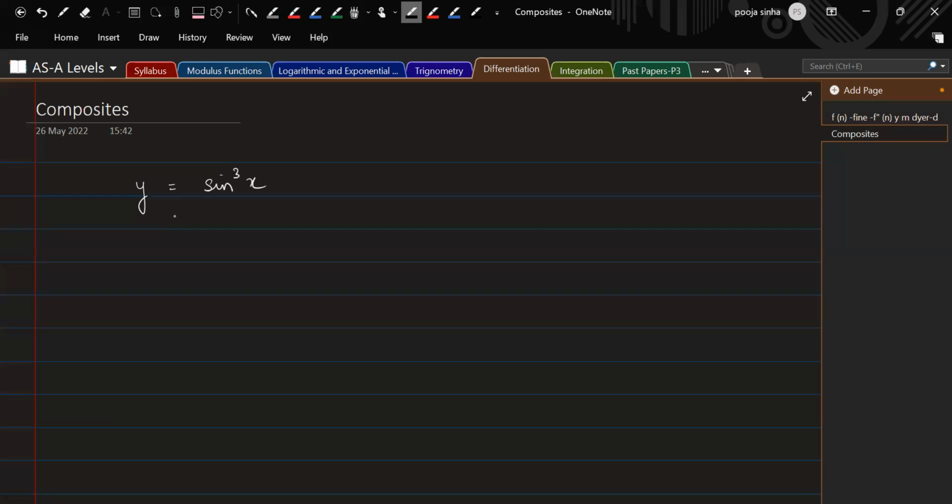How to deal with this? This can be written as sin x का whole cube. Sin cube x is nothing but sin x का whole cube. Right? So ये कैसा बन गया?